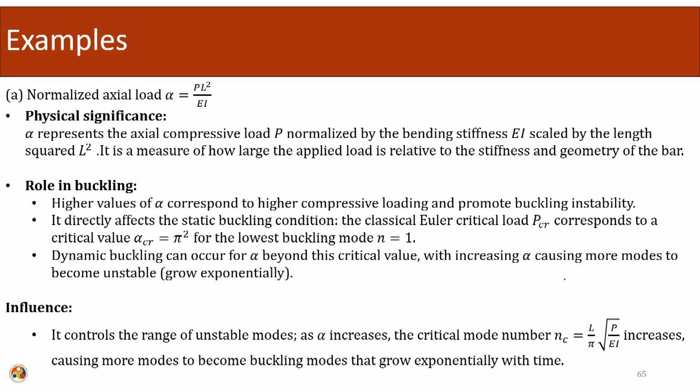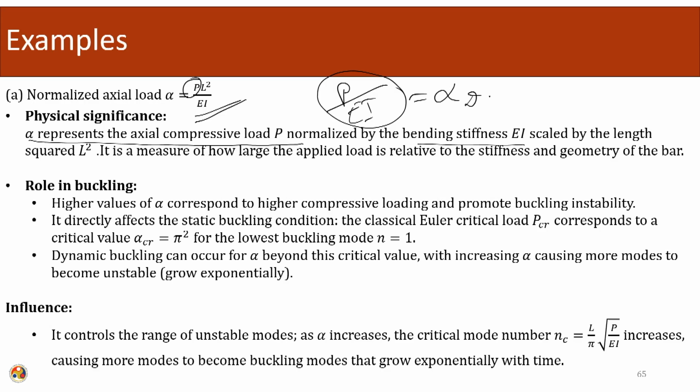So the effect of the normalized axial load, the physical significance of alpha, or the effect of P. Alpha represents the axial compressive load normalized by the bending stiffness. P is being normalized by the bending stiffness, and appropriately the terms have been adjusted so that alpha becomes dimensionless.